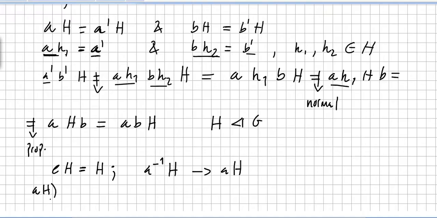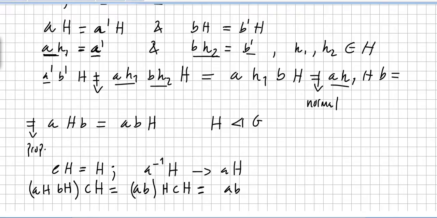And if you have AH BH times CH, so this is normal, right? So we can do AB like this and H CH, right? But here you can do AB. So H times H is H, so we can write CH.